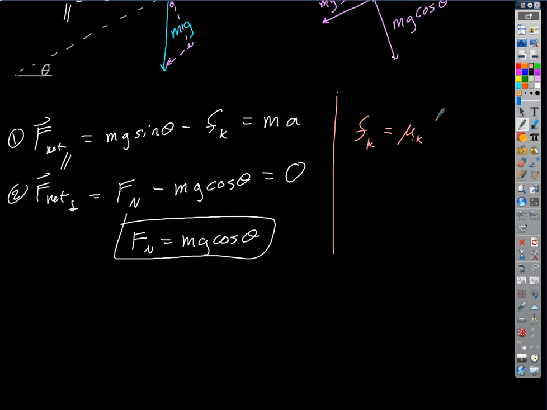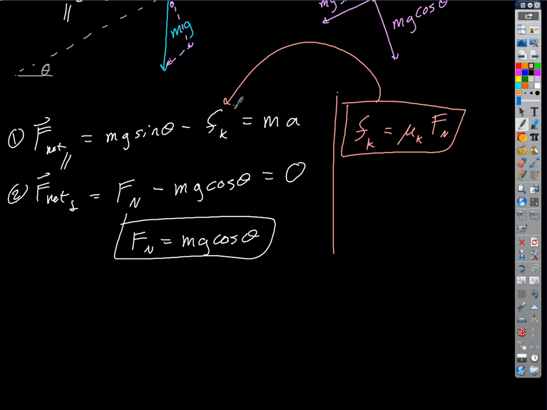Conceptually this makes sense, right? The coefficient is a property of the materials, how slippery they are. The normal force is how hard they are being shoved together, so how strongly they are interacting. That's just a definition, just what we know our frictional force always looks like.